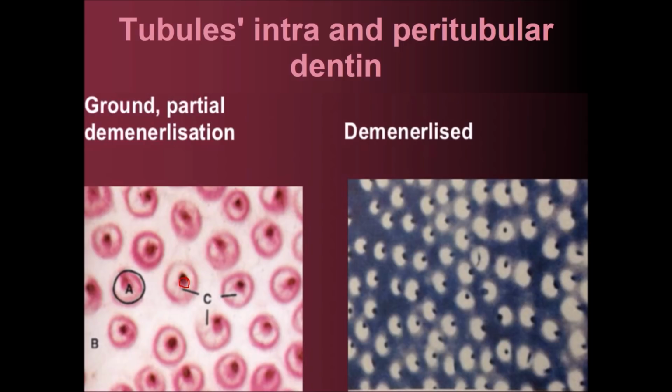This is another view. Here we can see the bulk is the intertubular dentin. The whitish area here is the peritubular dentin, and the dark spot inside is the lumen of the dentinal tubule.